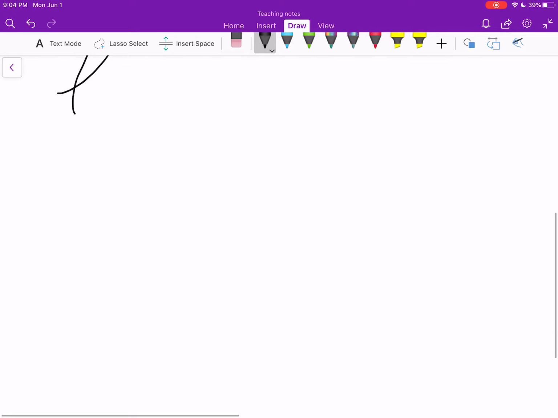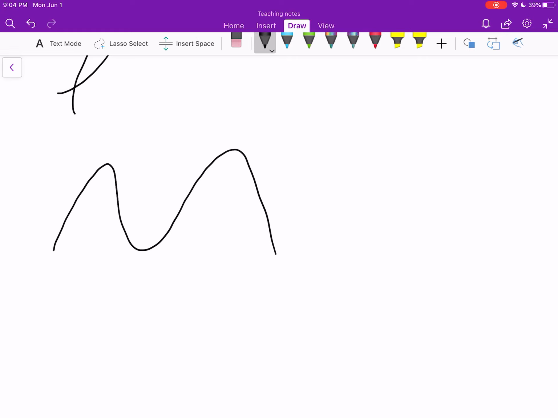We also talked about what happens if I have something like this, and I can use two colors for that, can't I? And then something like this. So in this case, the top and bottom curve switch.